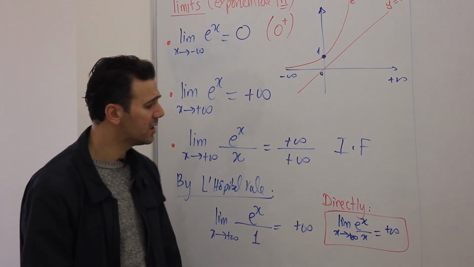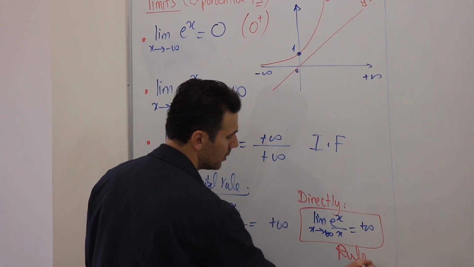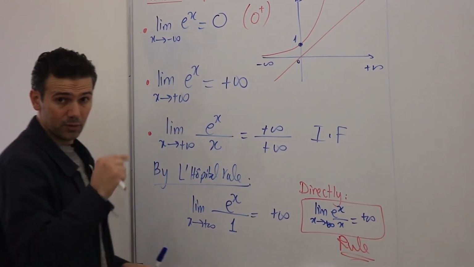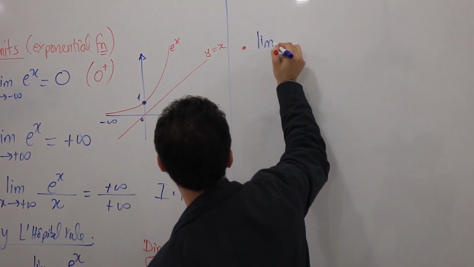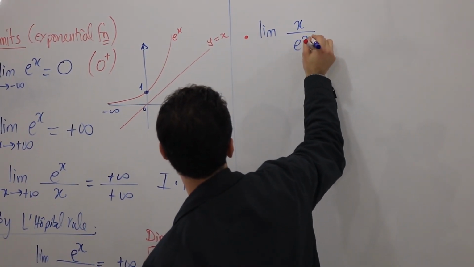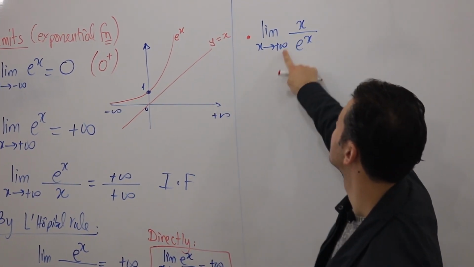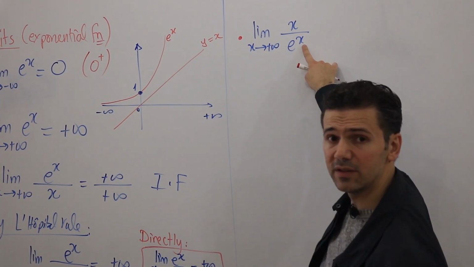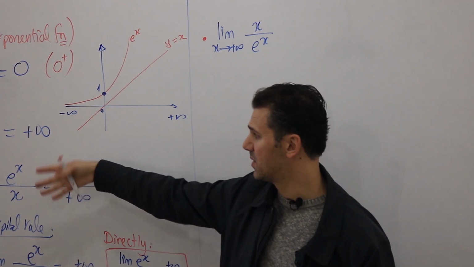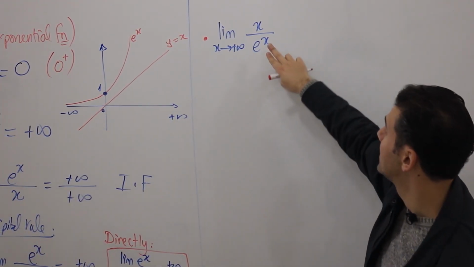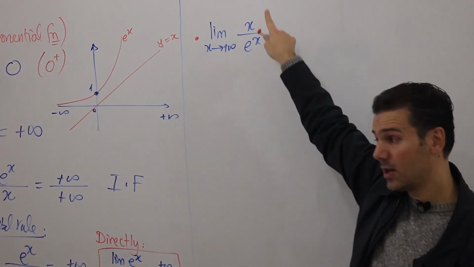Clear? Never mind, you can directly use this as a rule. Another rule similar to this is the limit of x over e^x. Similarly, if you replace x here, you get plus infinity over plus infinity, which is again infinity over infinity. It's similar to that, but it is inverted. But in this case, ask yourself, who goes faster to plus infinity?